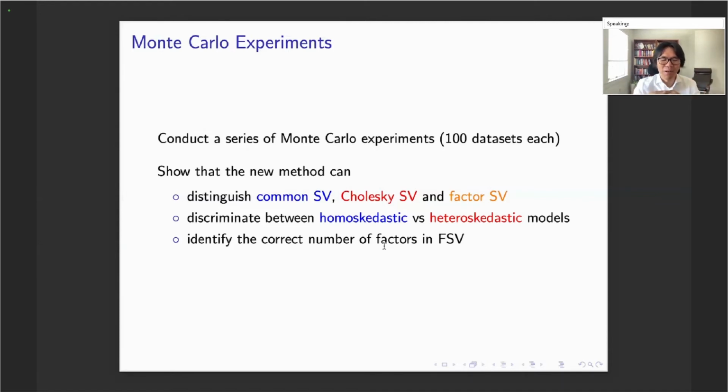Here I will not be able to show you the simulation results, but the bottom line is that the marginal likelihood estimator can distinguish the three SV models, meaning that if I generate 100 data sets from a Cholesky SV and compute the marginal likelihood of all the three SV, I almost always pick the Cholesky SV, and so on and so forth.